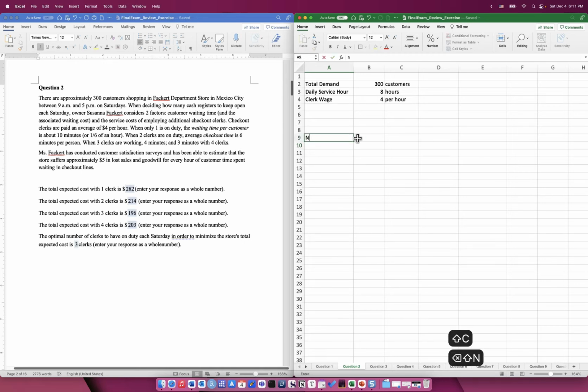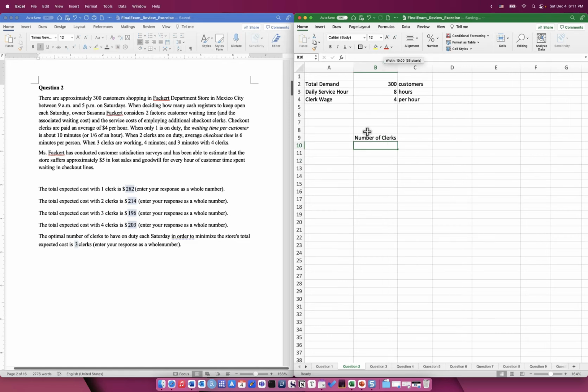Number of clerks. Wait a second. I'm just going to move this here. We are evaluating 4 different waiting line systems. Each system has a different number of clerks. So 1, 2, 3, 4. So this is M/M/1.